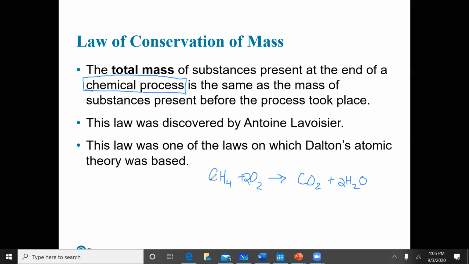Now the number of atoms I started with is the same as what I'm ending with after the reaction. Another thing we could say is that if this is 36.4 grams of methane and oxygen, then CO2 and H2O must also equal 36.4 grams. These two things have to equal each other during a chemical process or a chemical reaction.